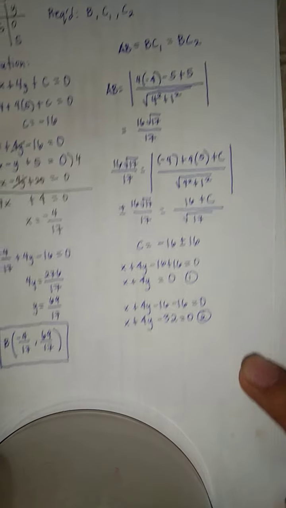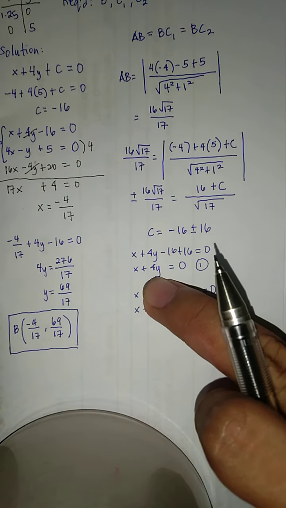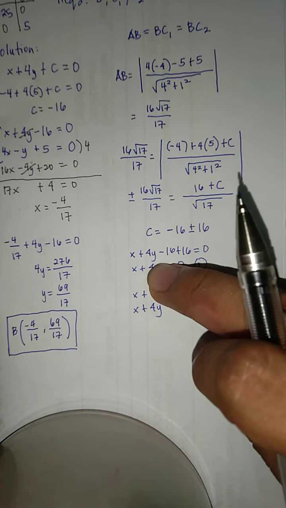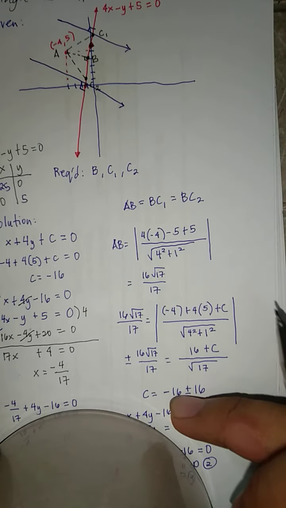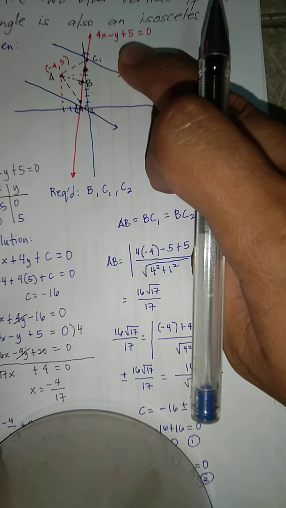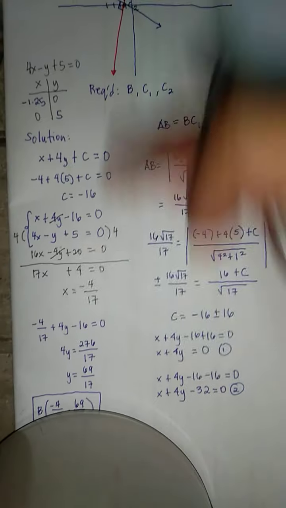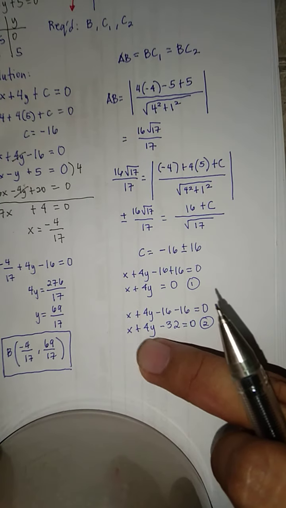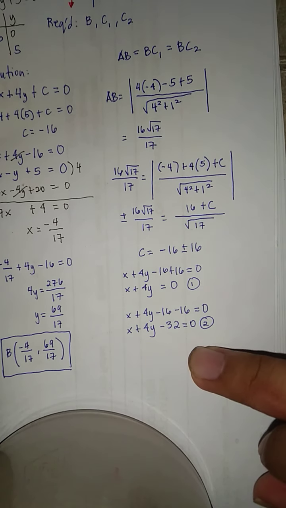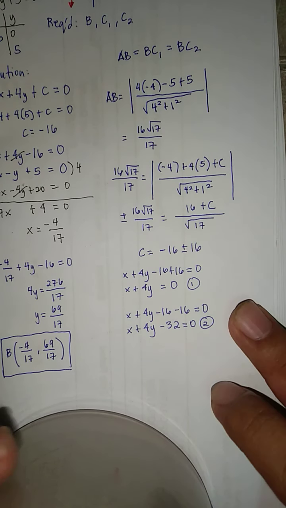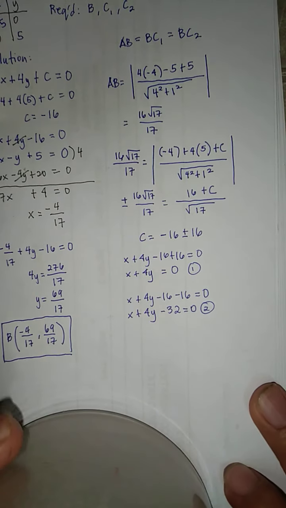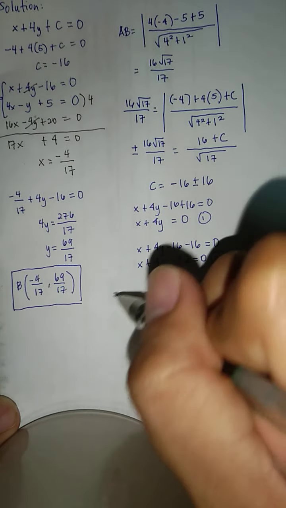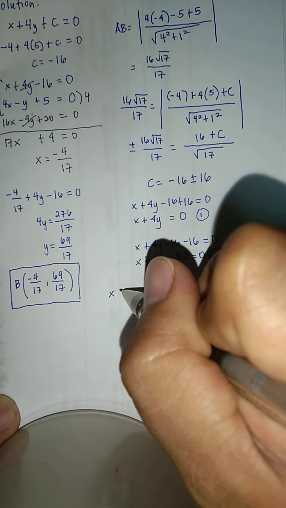So what we're going to do is solve the intersection between this line and, of course, 4x minus y plus 5 equals 0, same thing that we did here to get C1. And for the other line, we're also going to solve the intersection for another value of C. So let's solve another system of equations.